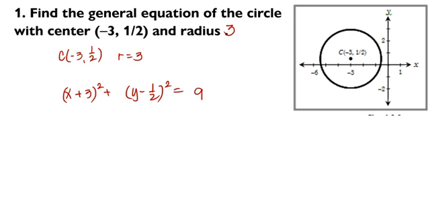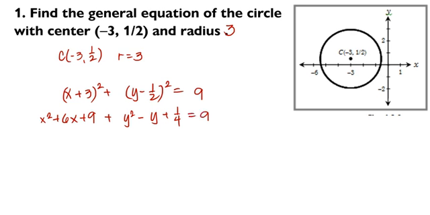However, since you're asked to solve for the general form, let's expand this. This would be x squared plus 6x plus 9 plus y squared minus y plus 1/4 is equal to 9.